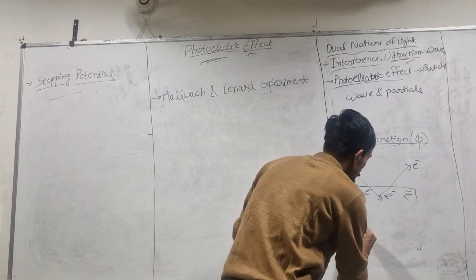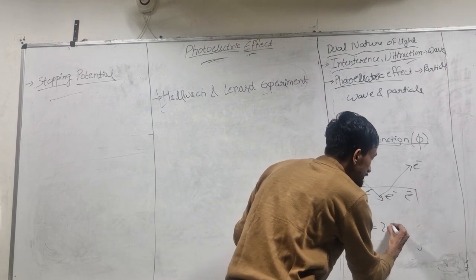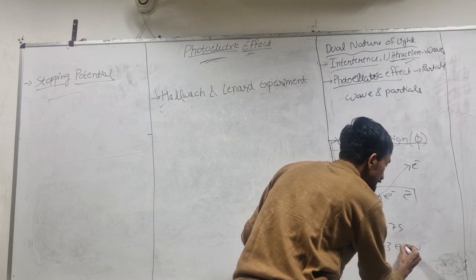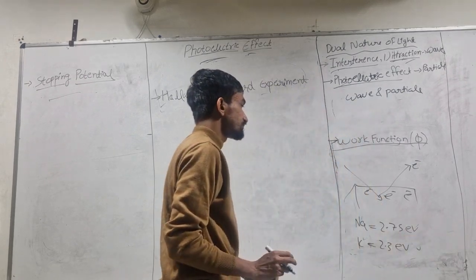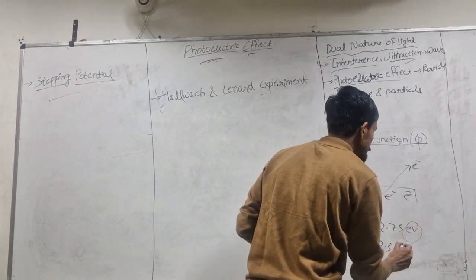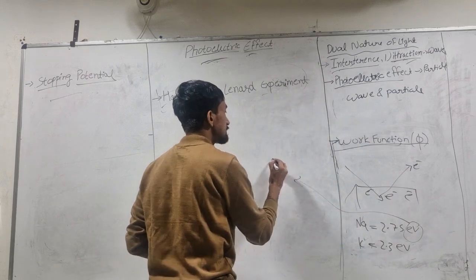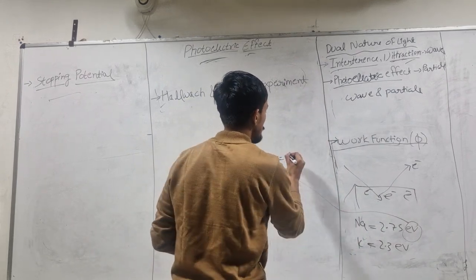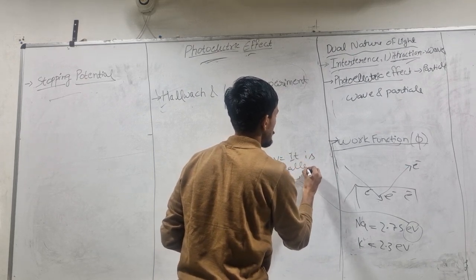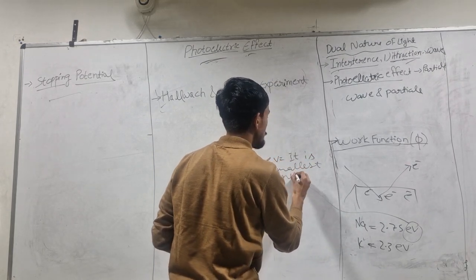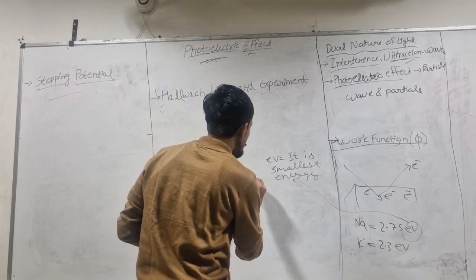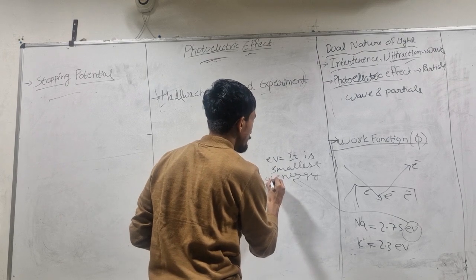For sodium it is 2.75 eV. For potassium it is 2.3 eV. Now what is this eV? eV is the smallest unit of energy.